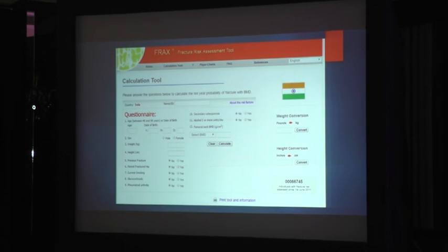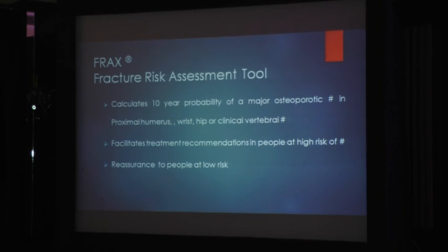This is how we fill it up in India, in which we fill in all the parameters, and what we get is the 10-year probability of a major osteoporotic fracture in the hip, wrist and vertebra.